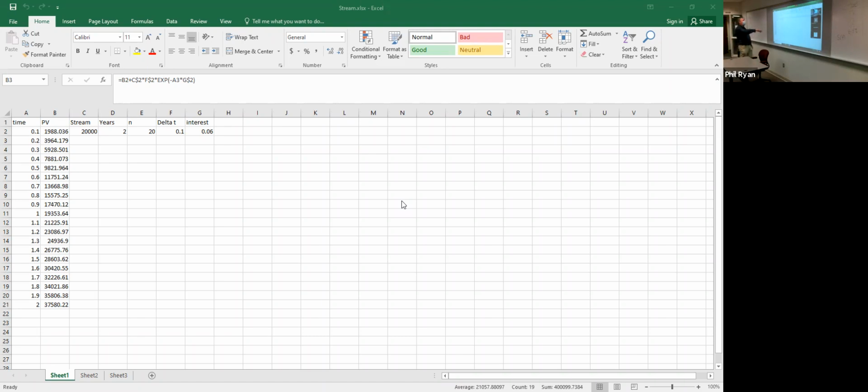Let's say we want to know what that is worth over 2 years. Here is our timeline. We're getting money at every instant, so we cut it up in a grid of points.